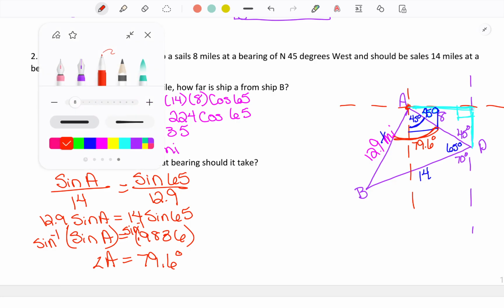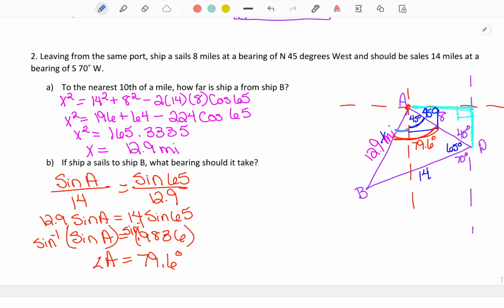But for our bearing, we only need this little piece that is right here. So what we're going to do is take that 79.6 and subtract out the 45 that's on the other side of that axis. And that is going to give us 34.6. So the bearing that ship A needs to take is south 34.6 degrees west.